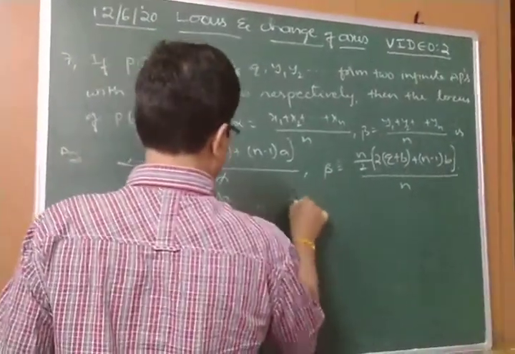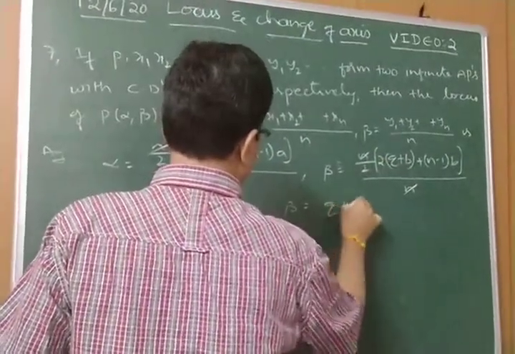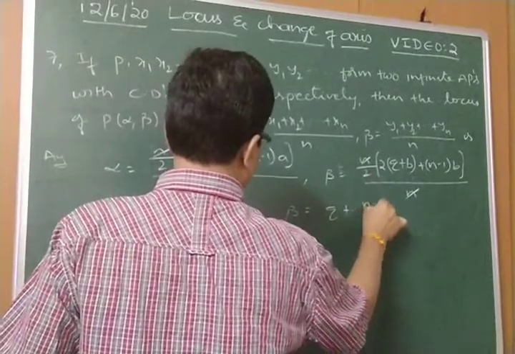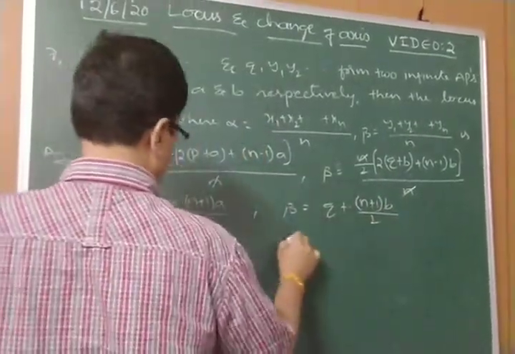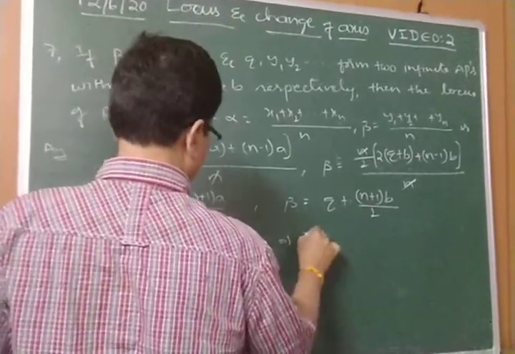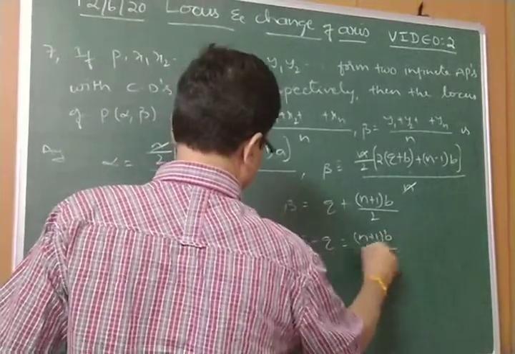And here beta is equal to, n cancels, 2 cancels, that is q plus (n + 1) into b by 2. So that implies beta minus q is equal to (n + 1) into b by 2.